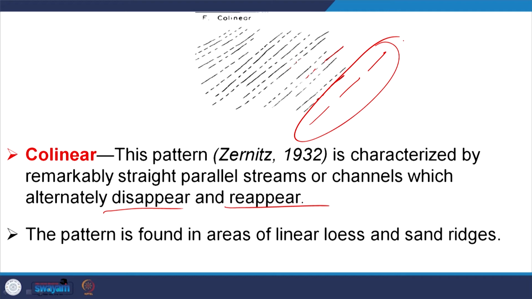So if you have an alternate sand and loess, that is, sand and clay sequence, in the clay, though it is porous, it is not permeable. Water will not percolate down, it will stay on the surface, but in sand regions, which are porous and permeable, water will percolate down and there will be disappearance of drainage. So, if alternate loess and sand ridges are there, you will find this type of colinear drainage pattern.